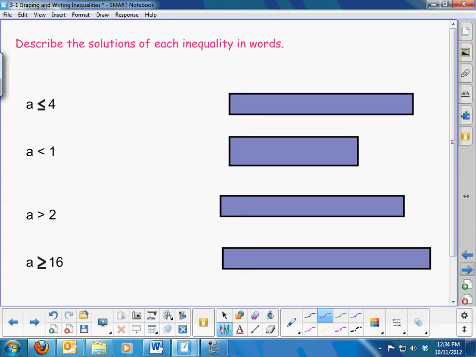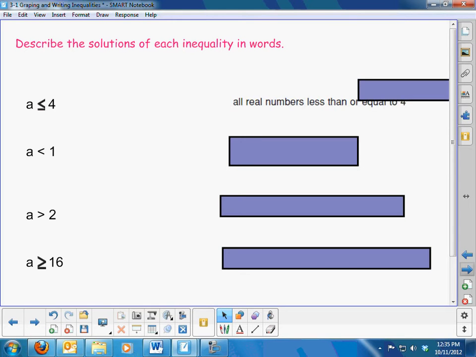All right, so if I gave you the following inequalities and asked you to describe the solution to each of these in words, if I read the first one, I read A is less than or equal to 4. So A can be any number that is less than or equal to 4 would make that true.